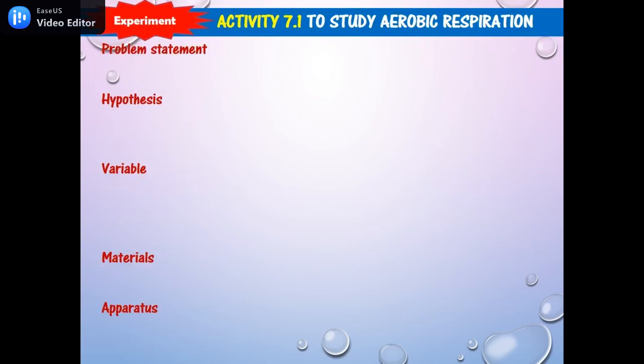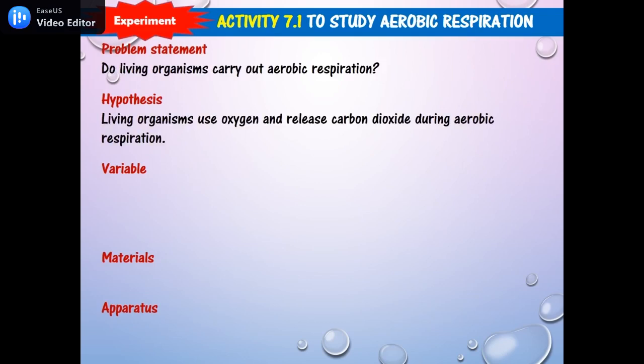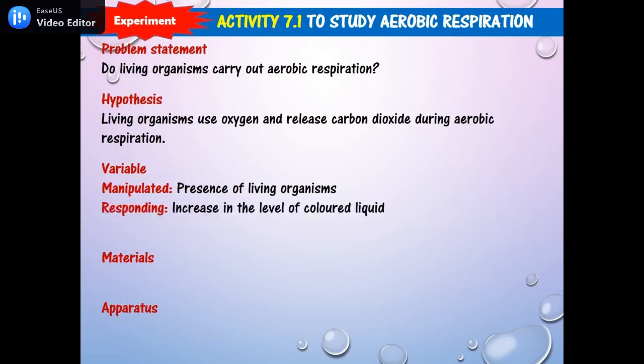Okay, we look at activity 7.1 to study aerobic respiration. Problem statement: do living organisms carry out aerobic respiration? Hypothesis: living organisms use oxygen and release carbon dioxide during aerobic respiration. Variables. Manipulated: presence of living organism. Responding: increase in the level of colored liquid.